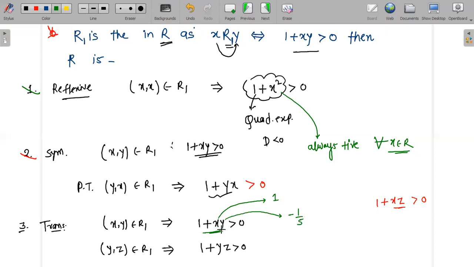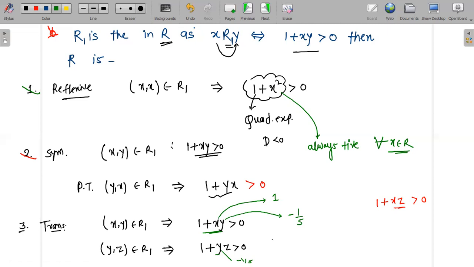So do not choose the values of x and y in such a manner that will make your 1 plus xy negative. Now, since we know the value of y is negative 1 by 5, choose your value of z wisely so that 1 plus yz will become positive. So if y is negative 1 by 5, let the value of z be minus 3.